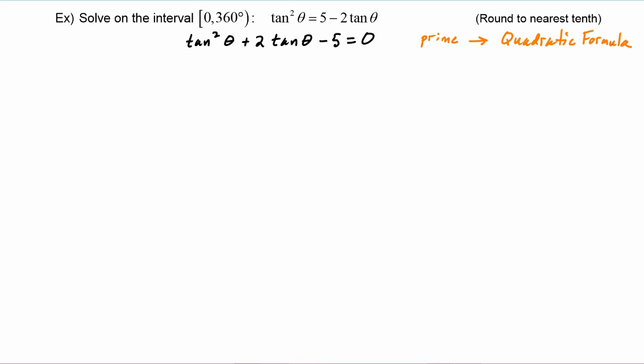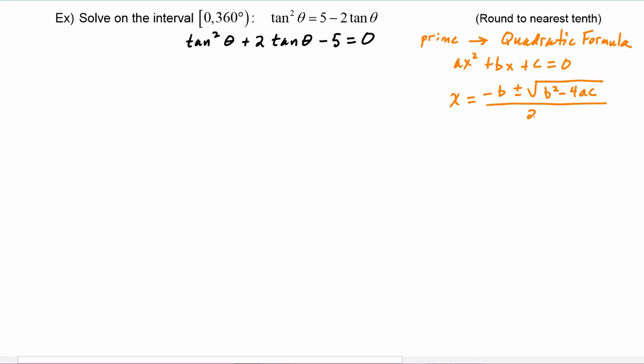Now remember, with the quadratic formula, if you have an equation in the form of ax squared plus bx plus c equals 0, then you can solve for x by setting it equal to -b plus or minus the square root of b squared minus 4ac, the whole thing, over 2a.